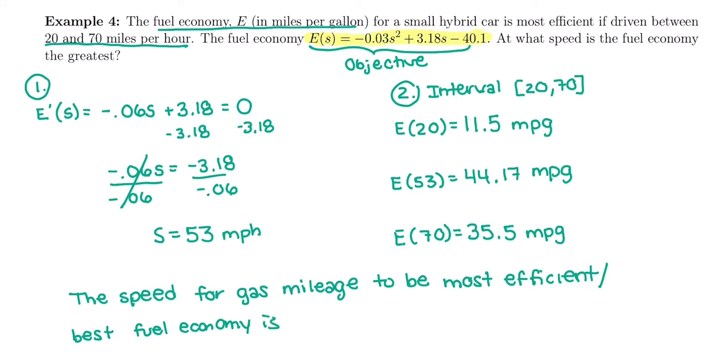It says at what speed is the fuel economy the greatest? What would you choose, 20 miles per hour, 53 miles per hour, or 70 miles per hour? Well, this one gives the best miles per gallon. So we're going to say the speed is going to be 53 miles per hour. That gets them the most miles per gallon.